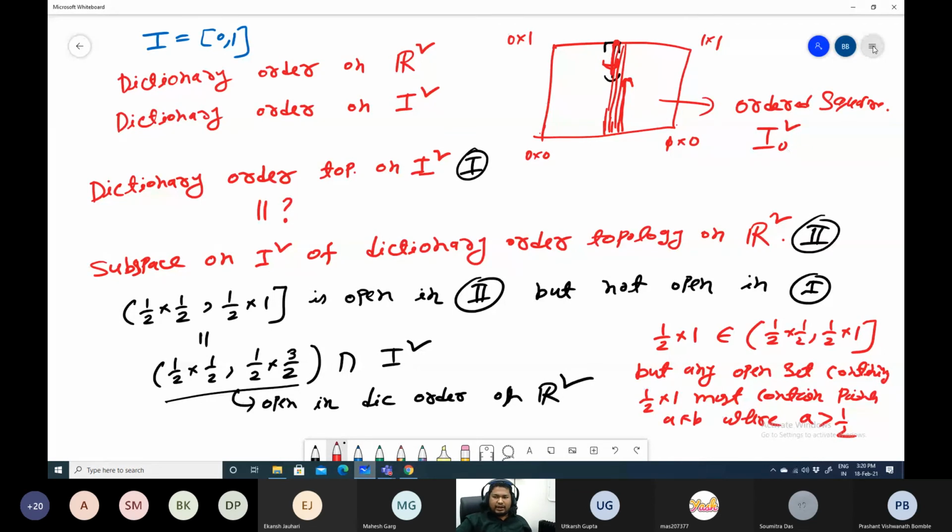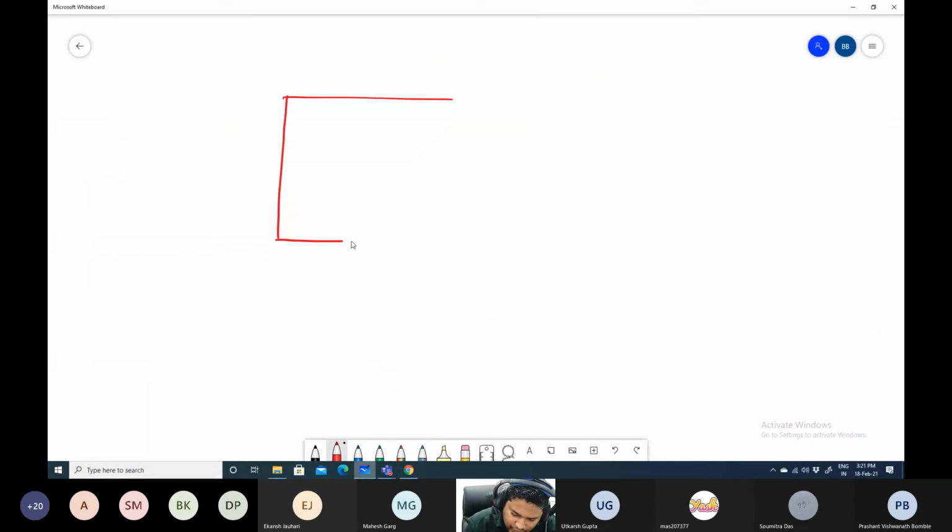Now note that here I should mention, say this is your ordered square, with corners (0,0), (1,0), (0,1), (1,1). Now suppose this is a point, say A cross B. Now say this is a point, C cross D.